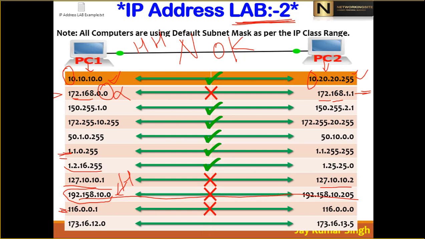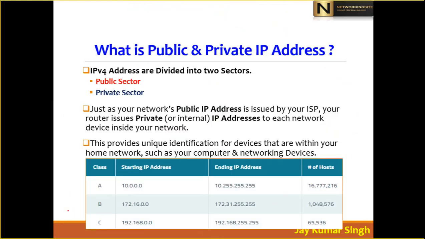Yeah, I understood. Okay, now here we have to understand a few things, that is, what is public and private IP address. Whenever we talk, sometimes we say this is a public IP, this is a private IP, right? I have a problem with this, the confusion. But what is a public IP address and what is a private IP address?